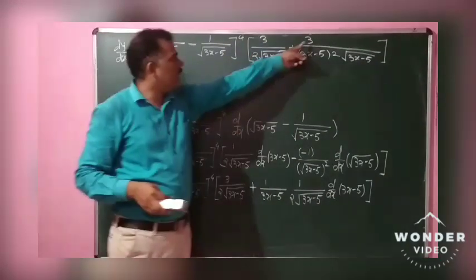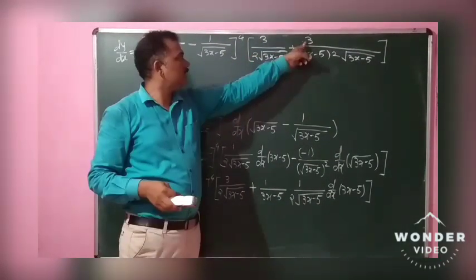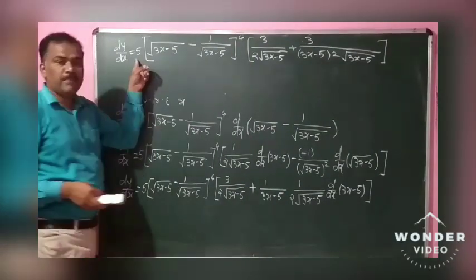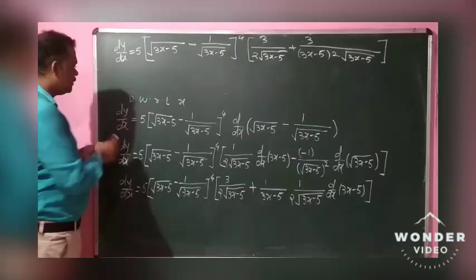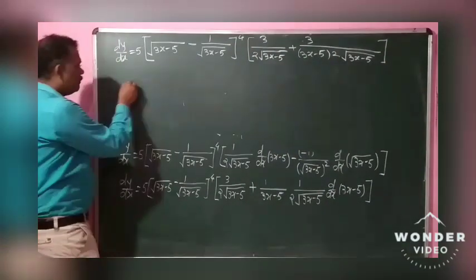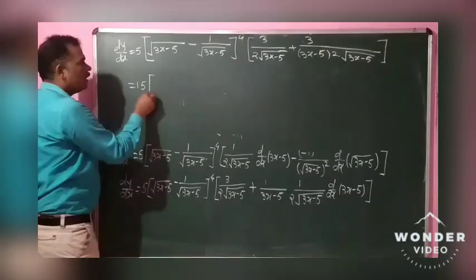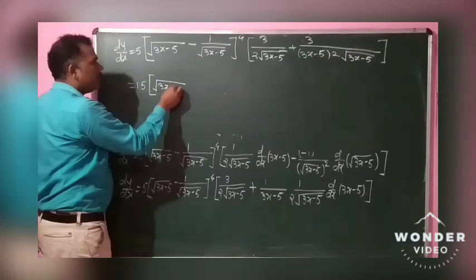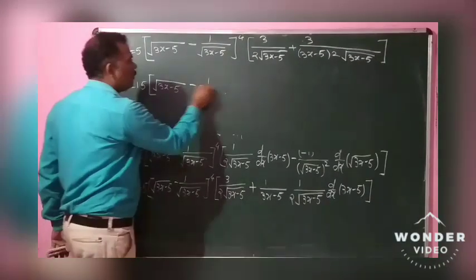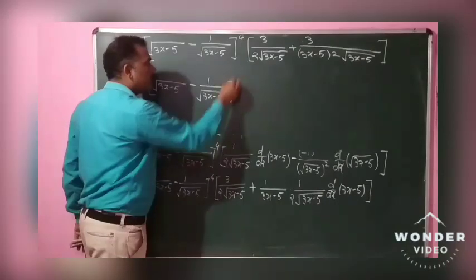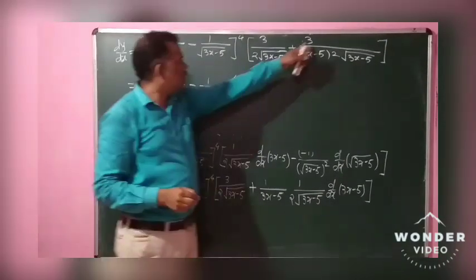From this we take the 3 common. Taking this 3 common, it multiplies outside, so at the beginning we write 5 into 3, that is 15, into (root of 3x minus 5 minus 1 upon root of 3x minus 5) raised to 4. We take this 3 outside.